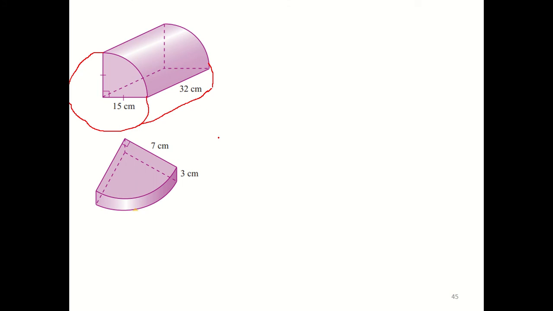I know that my diagram is not that accurate, but you will note that the base, which is this part here, is not a full circle, but instead it's just a quarter of the circle. So when I calculate the area of the base, I will simply find a quarter of that circle.